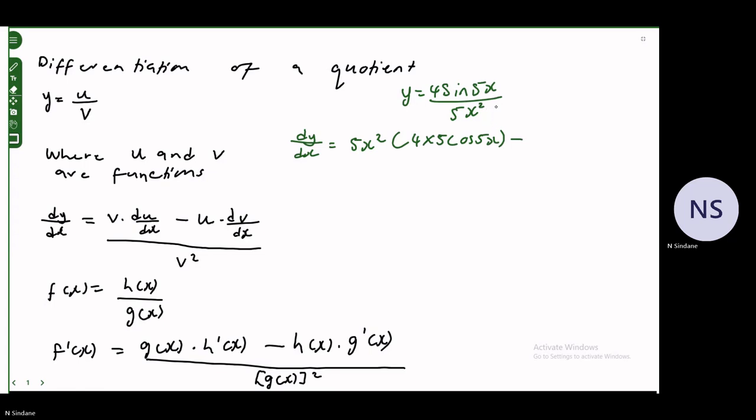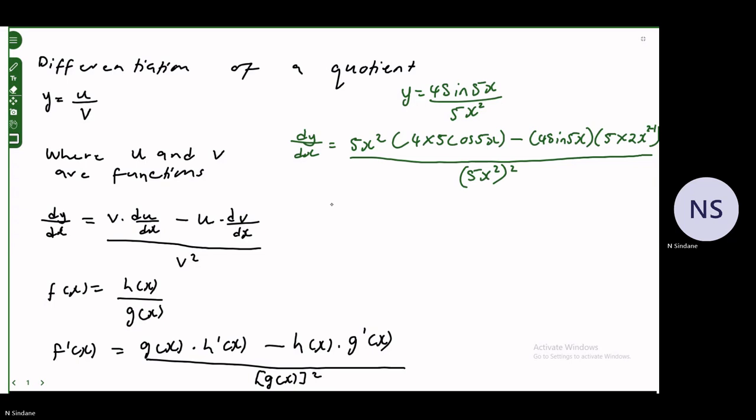I'm still going to have 4 sine of 5x times 5 times 2x to the power 2 minus 1, right? And then from there, divide this by 5x squared in bracket squared.